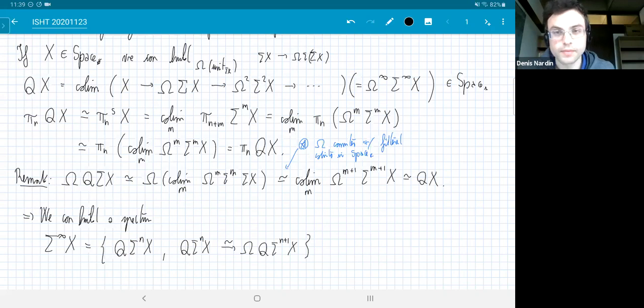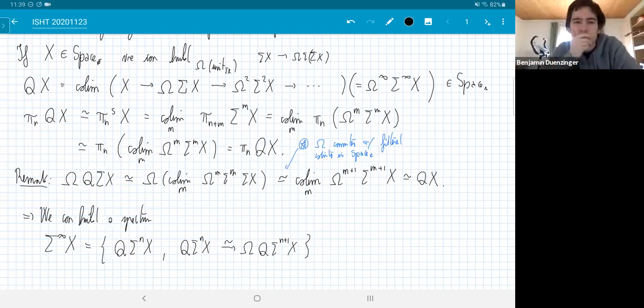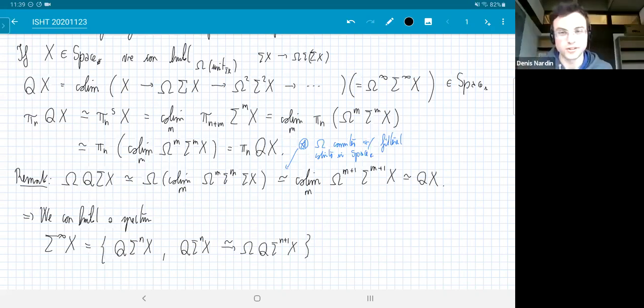Now, there is no commutativity between omega and sigma. That's very important. You're not allowed to move them around. So you have to be very careful that they stay well separated, each on its space. And the next one is omega squared of the unit for sigma squared of X, and so on and so forth.